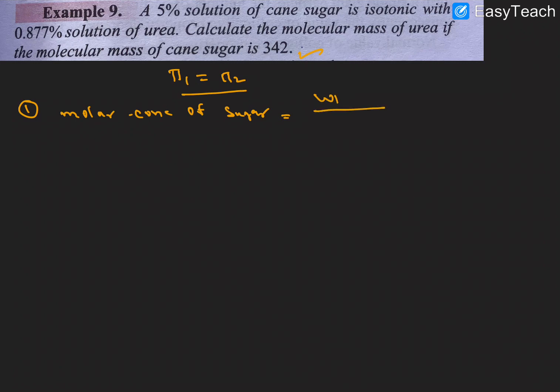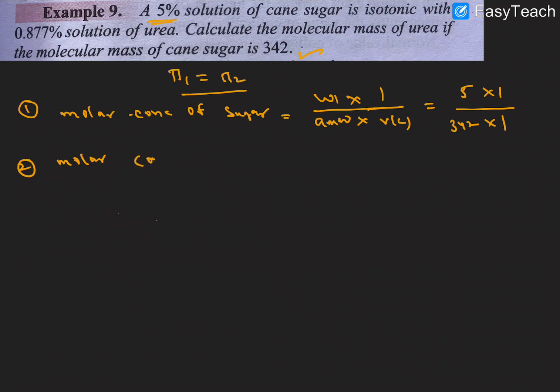The molar concentration of sugar equals, by the general molarity formula, weight by gram molecular weight into 1 by V in liters, right? That equals the weight of the solute, 5 grams, so 5% here, divided by the molecular weight of cane sugar, which they mentioned as 342, into 1.